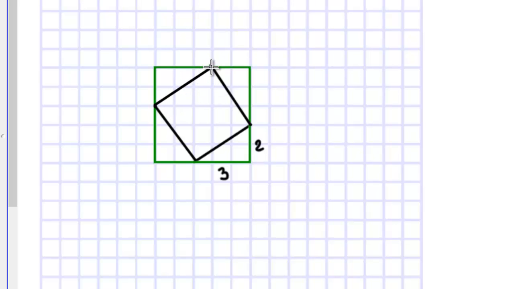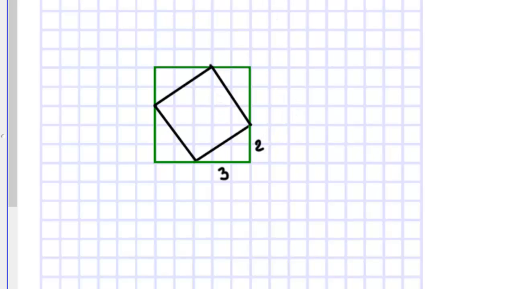And for sure this is a square, but I don't know the length of the side. Why am I doing that? Because my goal is to reach the length of the side. This is my goal. I need to know the length of the side. So that's why I'm creating this square.